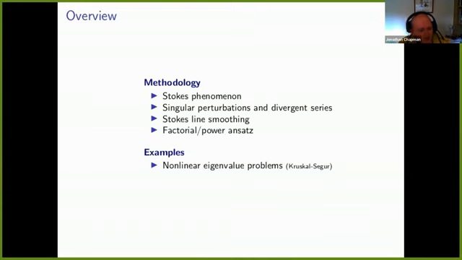So apologies if it's a bit repetitive, but everybody has a different take on these things, so it is useful to see them again in context. And then I'm going to apply that methodology to a particular example of nonlinear eigenvalue problem, which is the Kruskal-Segur crystal growth problem.